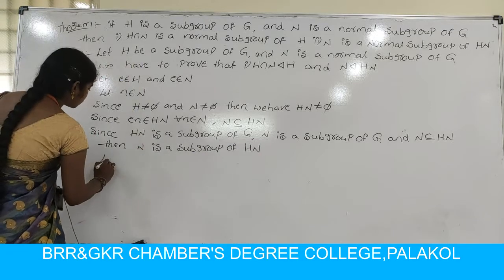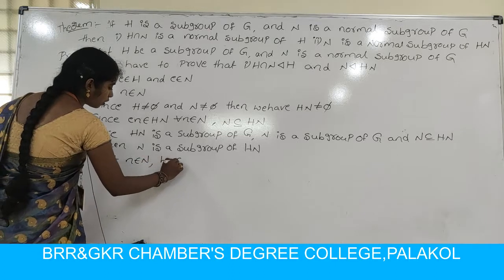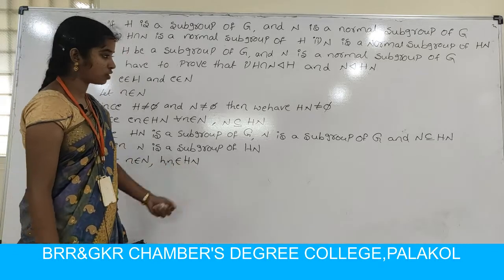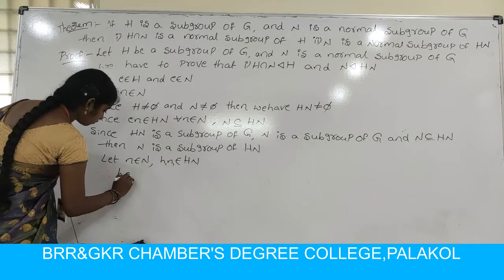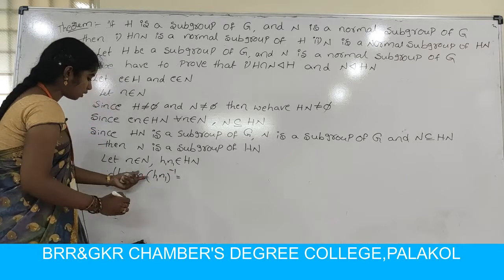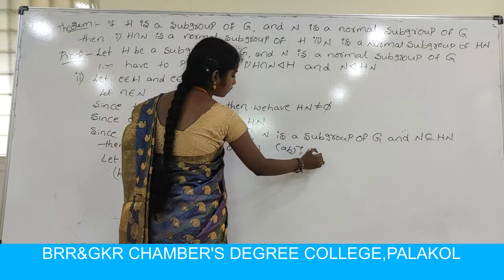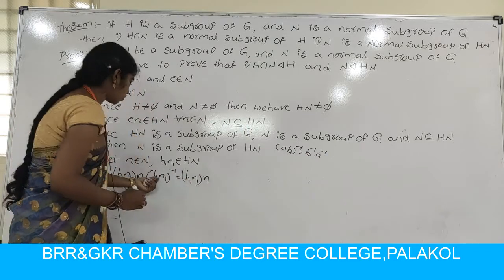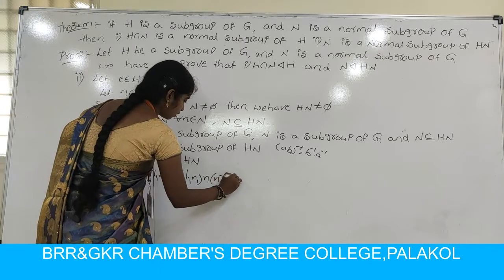Next, consider an element small n belongs to capital N and H1 N1 belongs to HN. Therefore consider H1 N1 into N into H1 N1 whole inverse. Already you know that AB whole inverse can be written as B inverse into A inverse. So H1 N1 whole inverse can be written as N1 inverse into H1 inverse.